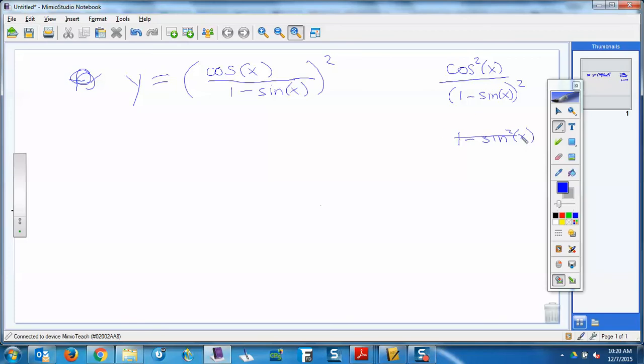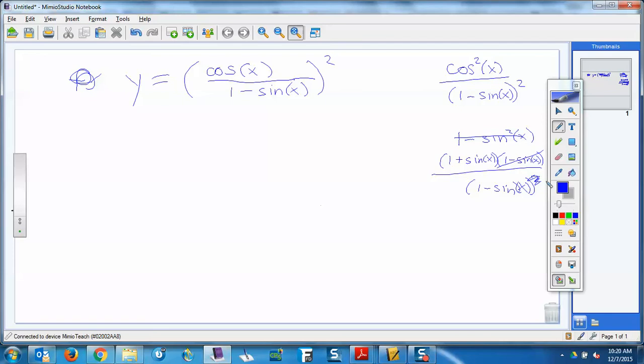Which is 1 plus sine times 1 minus sine. And then the bottom would be 1 minus sine all squared. So you could cancel one of those with one of those, right? The whole thing would end up being 1 plus sine over 1 minus sine, which is still a quotient rule, right? You'd still have to do a quotient rule and stuff.